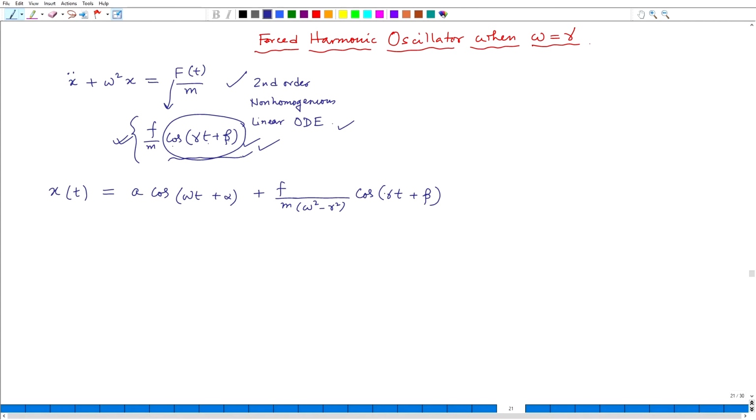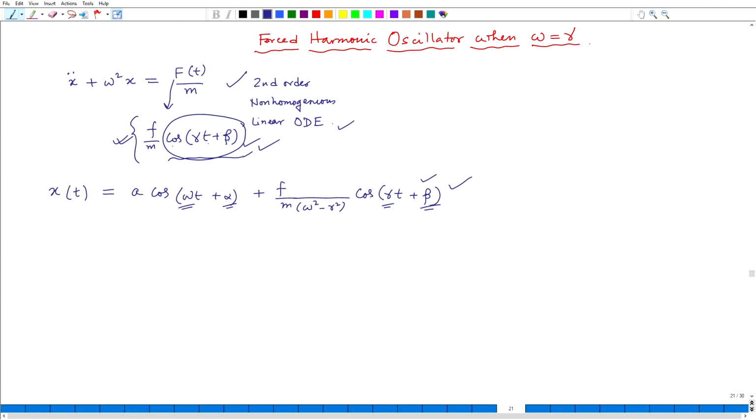So, here you see that this is the natural frequency and this is the force frequency. This is the original initial phase of the system without any forcing, and this is the initial phase of the forcing term, because the forcing is periodic, that is why it also has a possible initial phase which may or may not be 0.